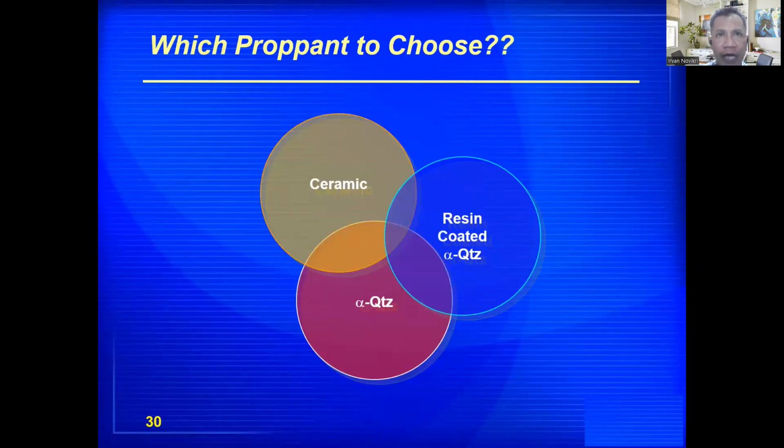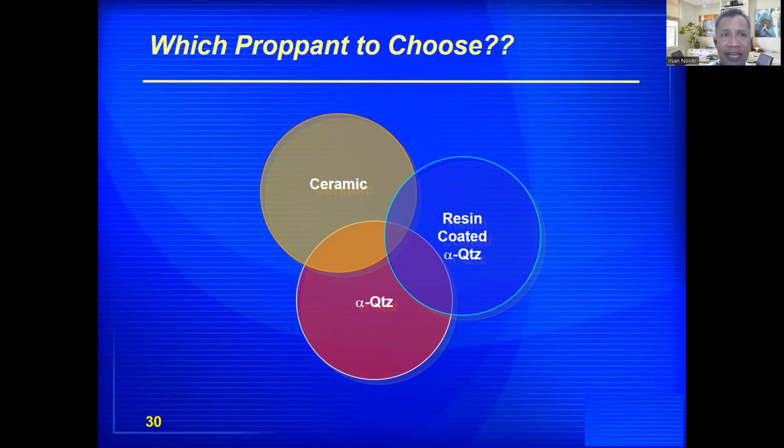So you look and say, well, which product do I choose? There is alpha quartz, and notice here that I don't use the word sand. Sand is the geologist's term, a size term, meaning you fall between a certain millimeter range. What we are actually mining and pumping into this well is alpha quartz, and the mining companies refer to it as alpha quartz proppant.